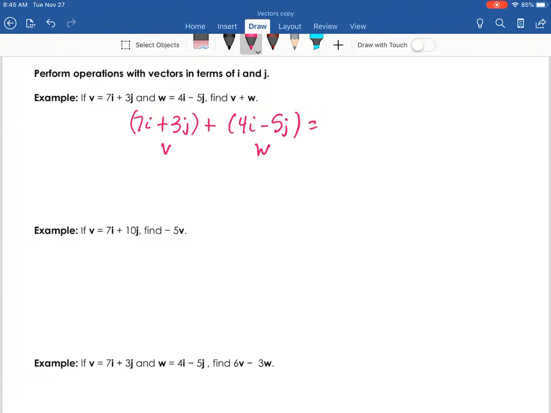This is my W. So I'm just going to add my like terms. My horizontal components, I'm going to add those together, and my vertical components, I'm going to add those together to get me my V plus W. So I'm going to add 7i and 4i, that's going to give me 11i. And then I'm going to add 3j and negative 5j, that's going to give me a negative 2j.